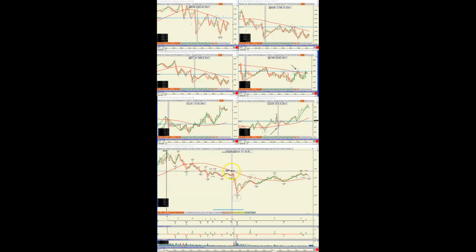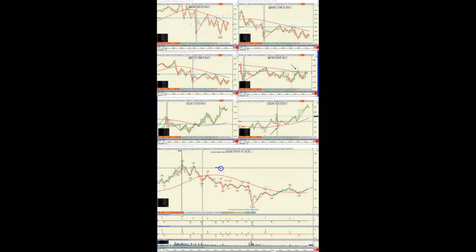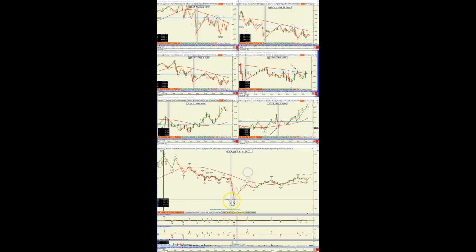$740 up is bigger than 130, 210, 110, 290, 140, 400, 560. So it's bigger than 1, 2, 3, 4, 5, 6, 7 waves. So what is that telling you? That is telling you someone is buying the spring. And the pullback after that is telling you there is no supply.